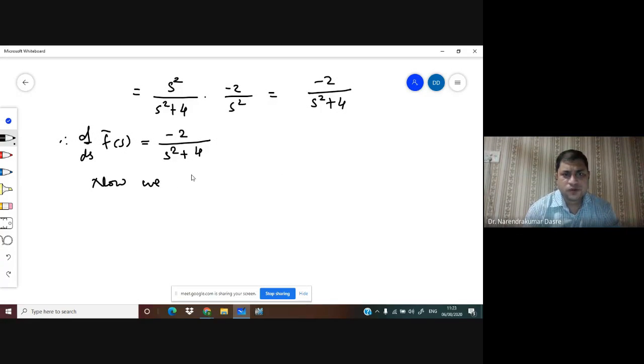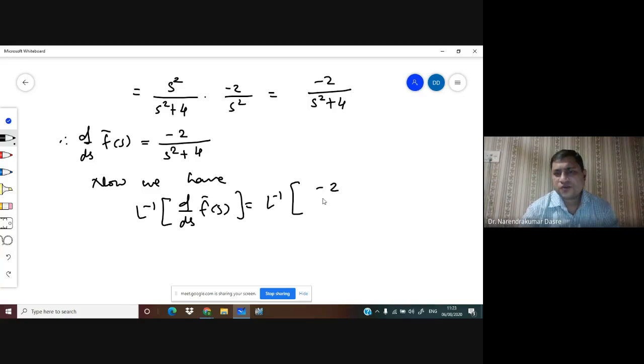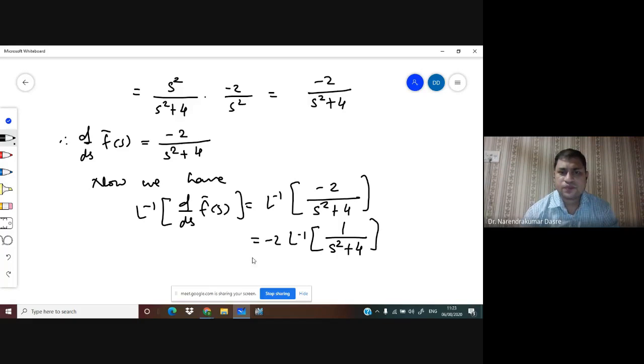Now we have Laplace inverse of d by ds of f bar of s is equal to Laplace inverse of minus 2 upon s square plus 4. And this is minus 2 Laplace inverse of 1 upon s square plus 4.